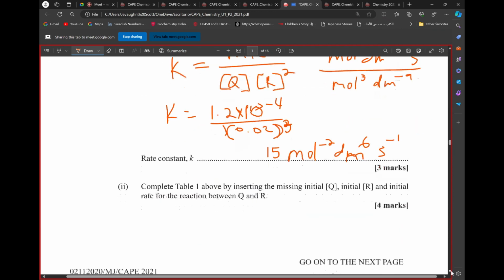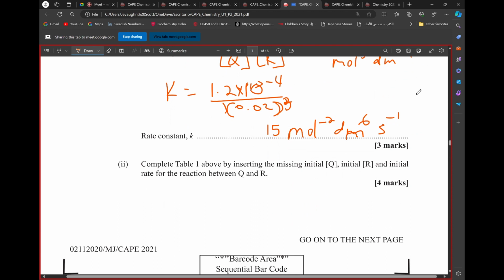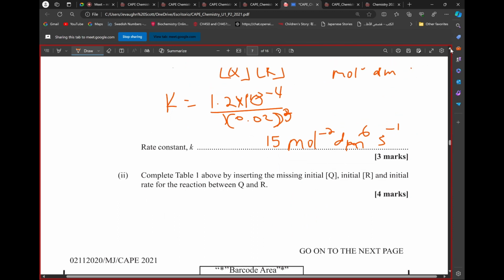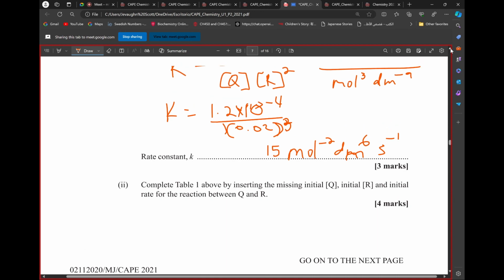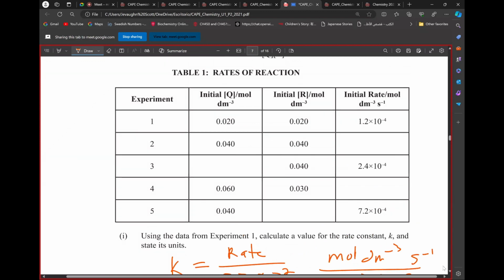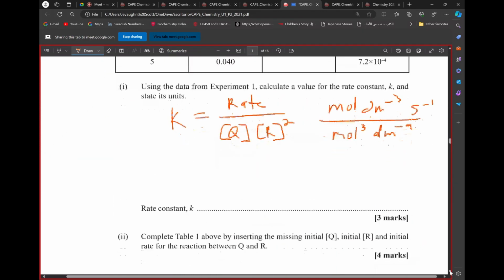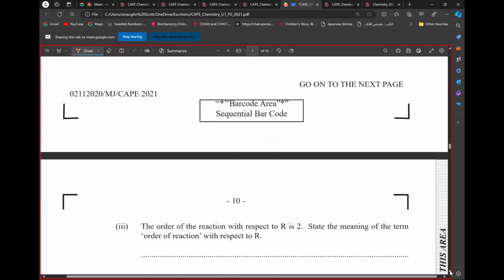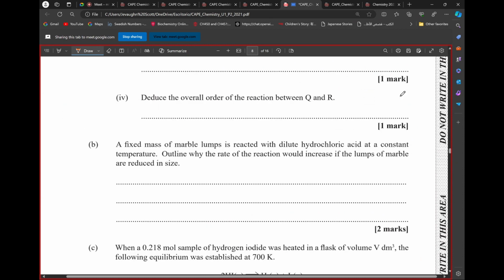Complete the table by inserting the missing values of Q and R and the initial rate for the reactions between Q and R. Now, for this though, let me just check something real quick. Are we supposed to be doing a graph? No, we aren't. Okay.